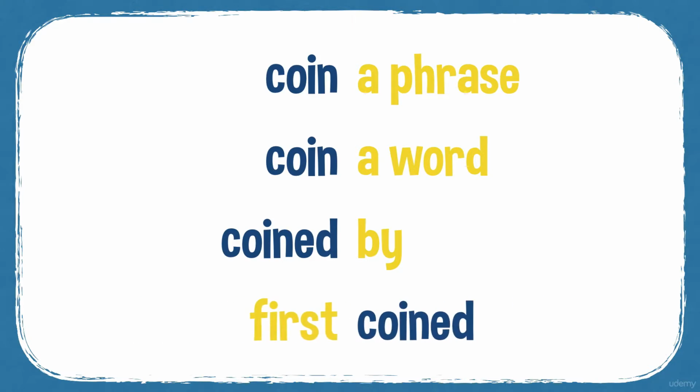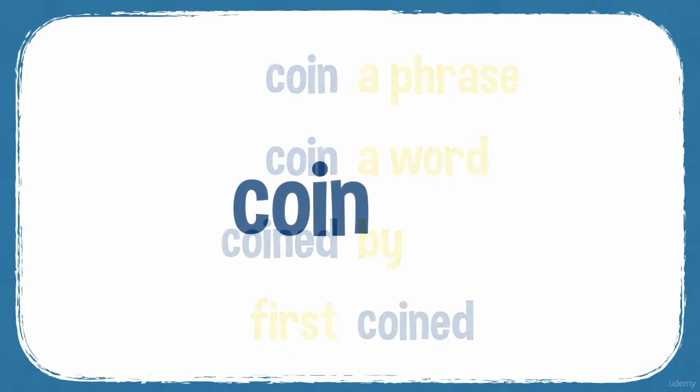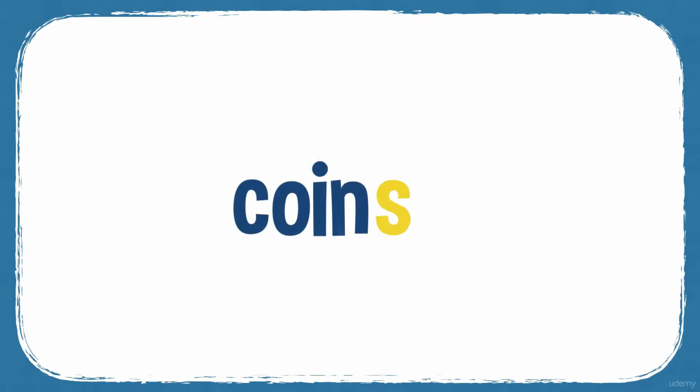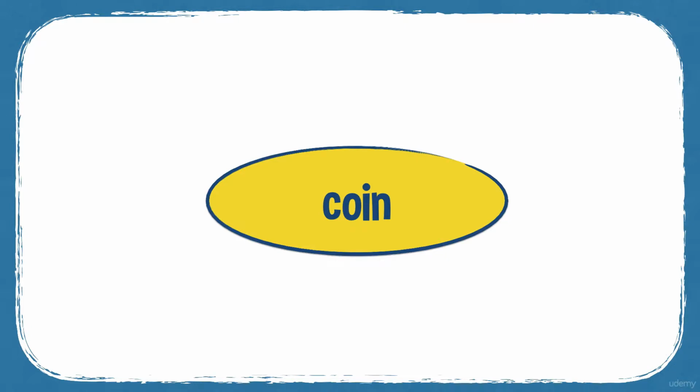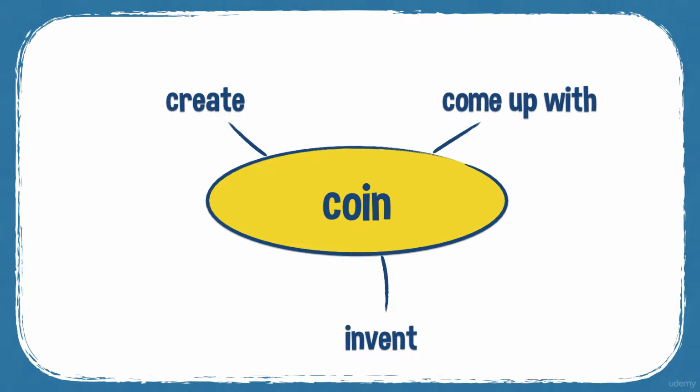First coined. Shakespeare first coined lots of different phrases and words. And it's a verb, so coins, coined, coining as well. And some synonyms for coin: create, invent, come up with.